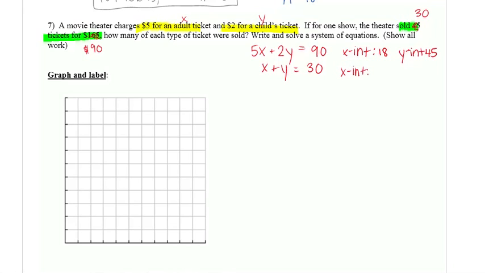They would just both be 30. Okay, so I need my intercepts to go up to 45, so I'm going to say, let's go by 5s on both axes.